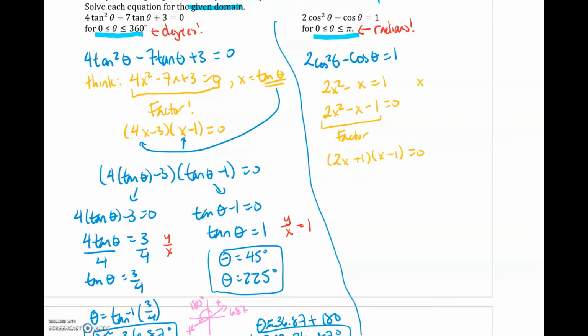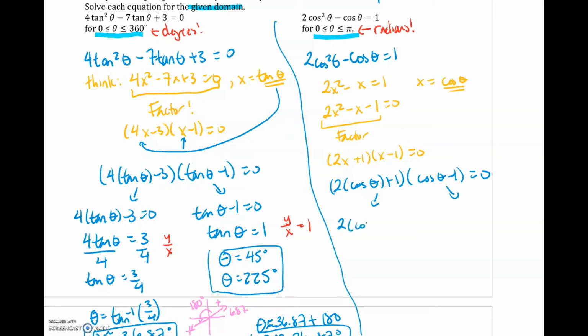And in this case, we're thinking about x as cosine theta. So once I get my factors, I'm just going to replace x with cosine theta, and I'll get 2 times cosine theta plus 1 times cosine theta minus 1 equals 0. And then use your zero product property, and we're going to solve just like we solved those first two examples.